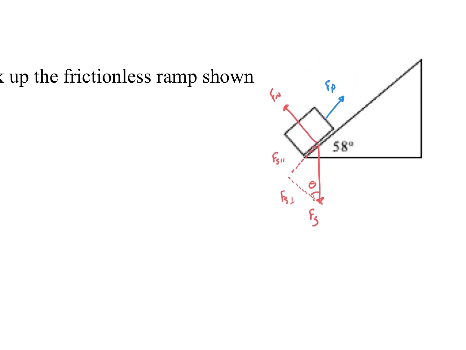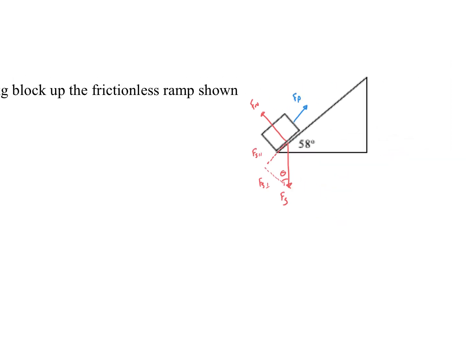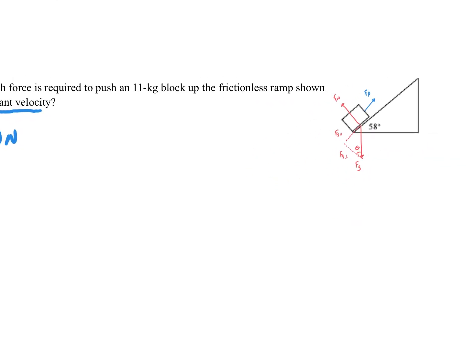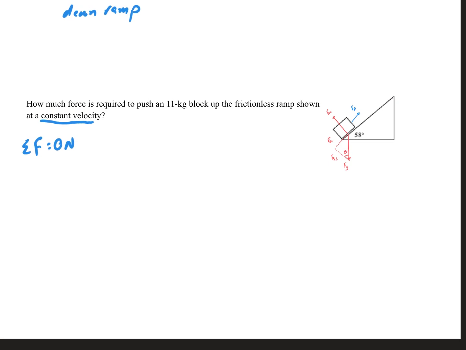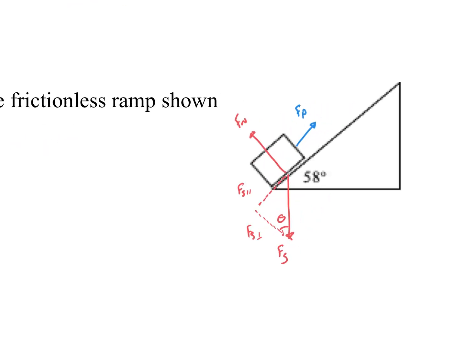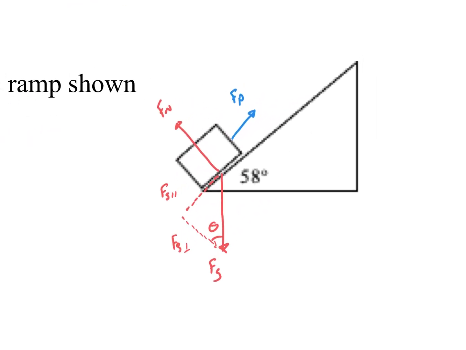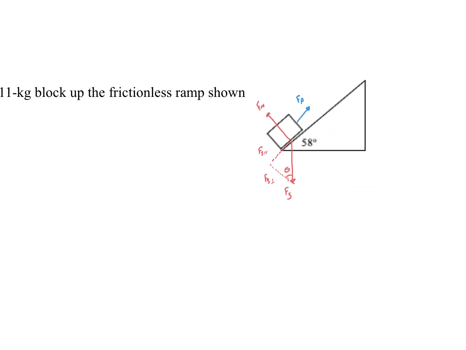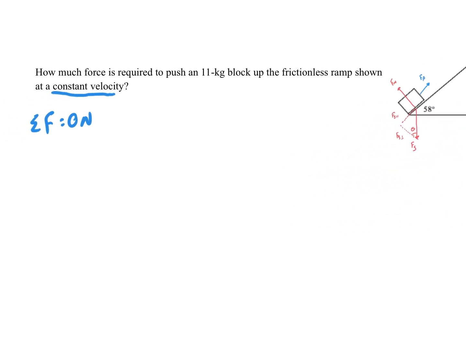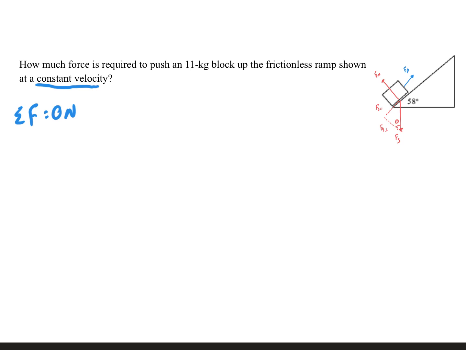So once again, if my acceleration is going to be 0, my FP and F parallel are the things that are going to be equal here. So when I'm sketching this out, the pushing force is equal to the parallel force.